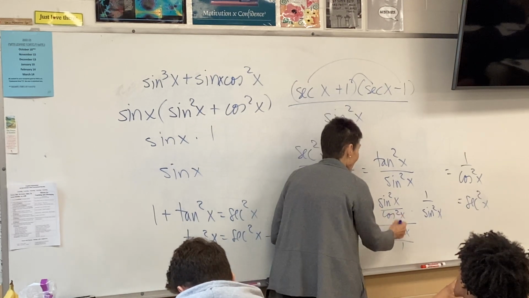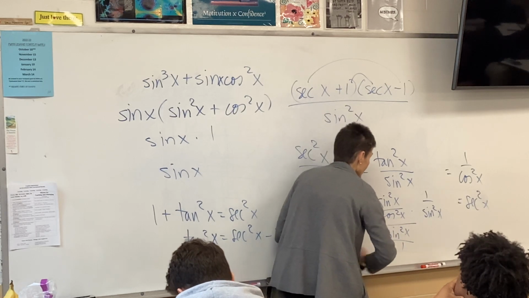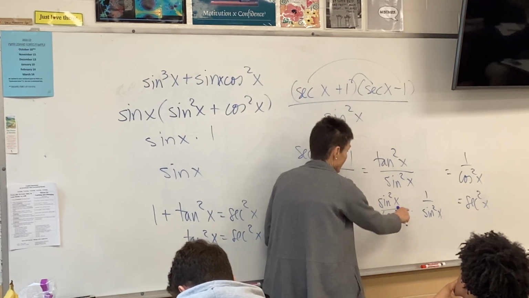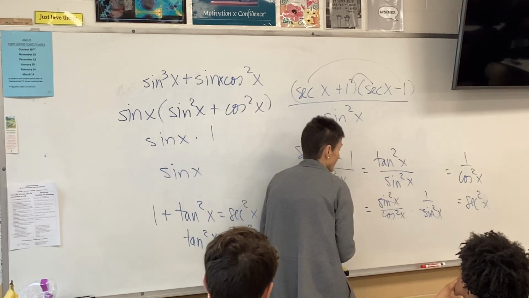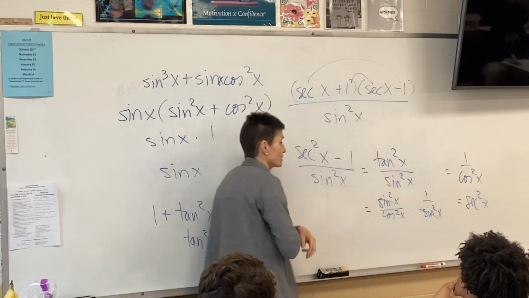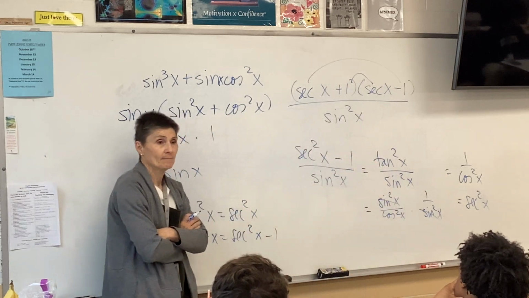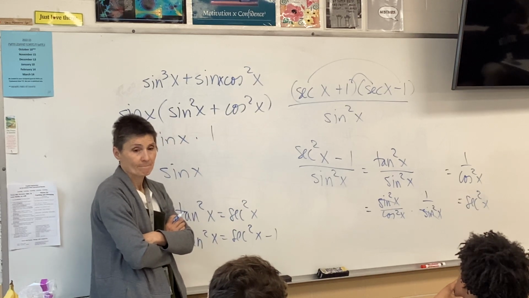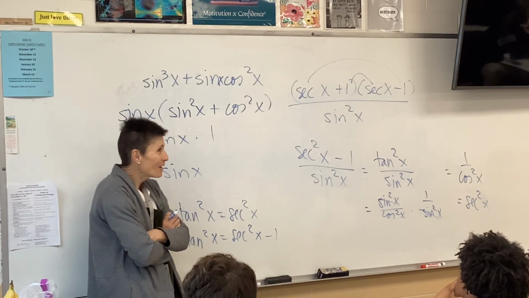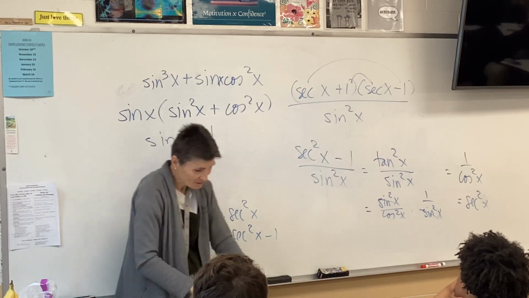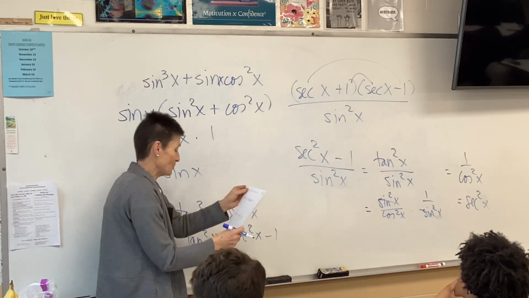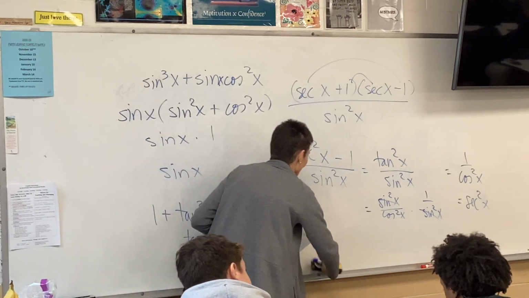So instead of dividing by sine squared, we multiplied by 1 over, and that left us with 1 over cosine, which is secant. Yeah, I have to love it when it all comes together like that. It's so great. All right, we're going to do one more, and then we'll go to lunch with number 5.